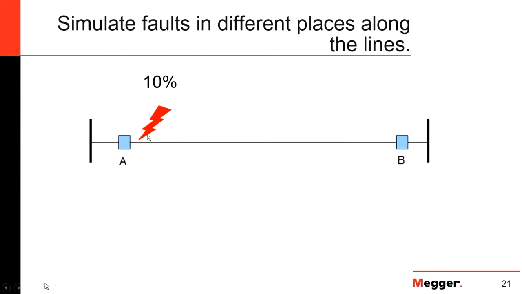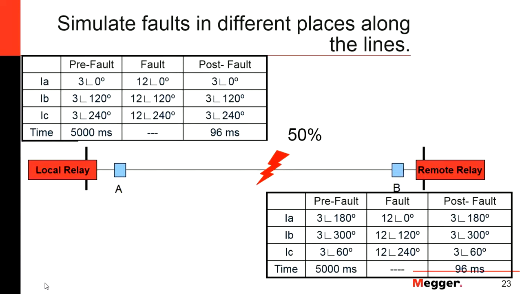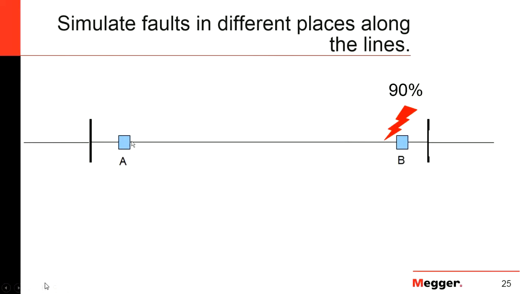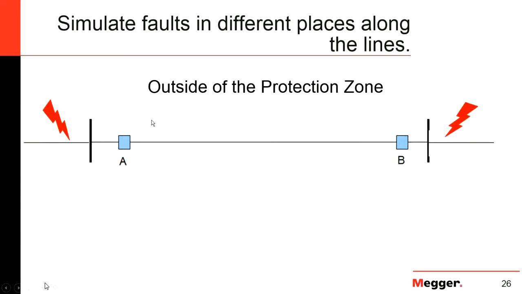I say here 10%, but you can simulate the fault as close as you want to relay A, or as close as you want to relay B. Usually, I recommend 10%, 30%, 50% of the line, 60%, 90%, which in this case would be the opposite of 10%, and of course faults outside of the protection zone to see what happens when relay B has to maybe act because it falls into its zone 3 or 4 or whatever.